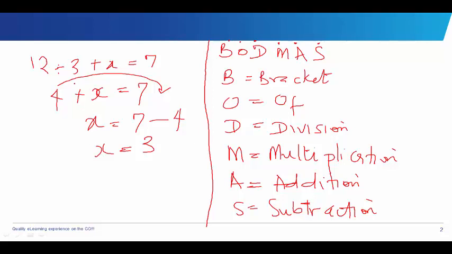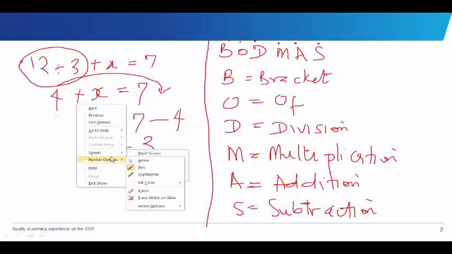So for this question, since we have 12 divided by 3, then plus x, we'll first solve this first, and we'll get 4, then 4 plus x equals 7. We took 4 to this side, and it became minus 4, and we got 3. Okay, now let's solve another example on that BODMAS.